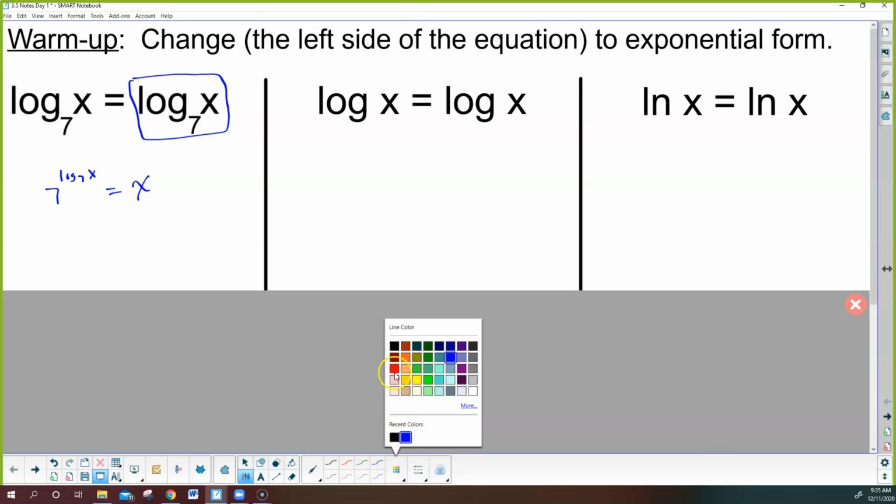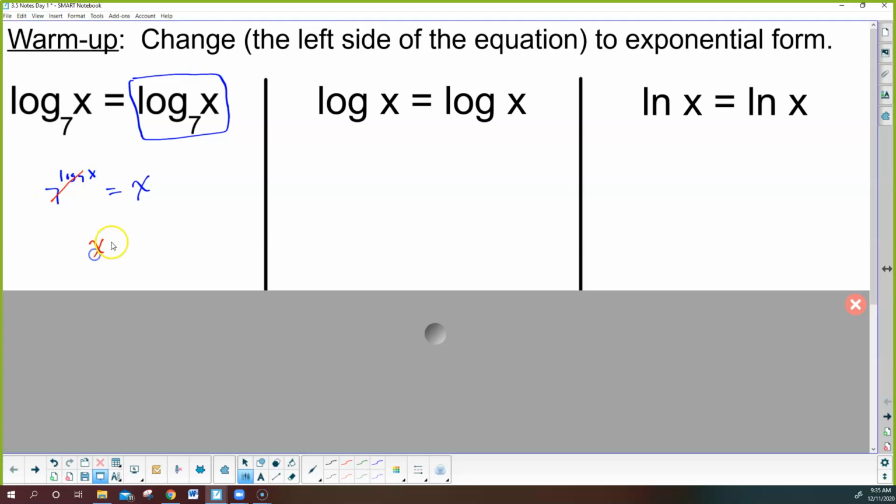We had a property that said if you have the log of x base 7, it's going to equal itself. So whatever goes in for x is equal to itself, which means the log base 7 and 7 reduce out, and you're left with x equals x. Basically, whatever goes into the function comes out of the function, and it's the identity.